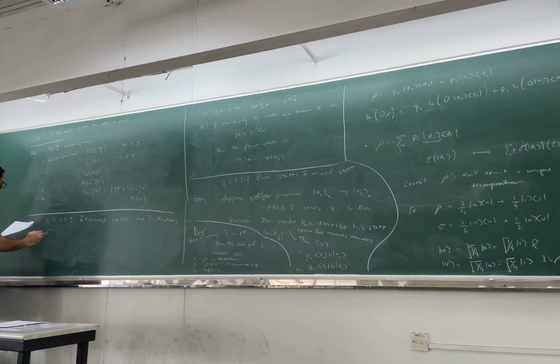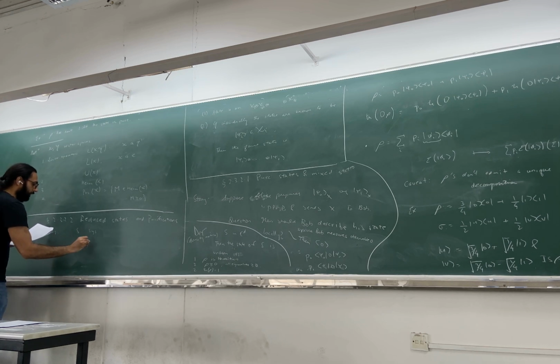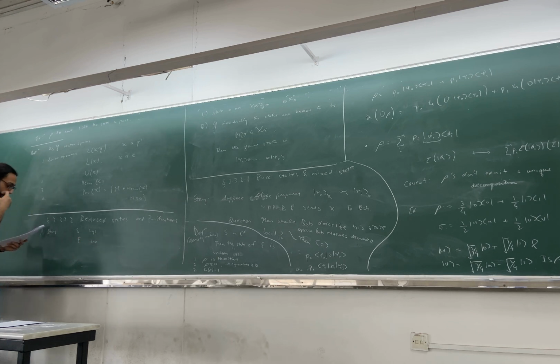So now the story is, suppose you have a system S, and this is your system. You have E, that's your environment. And suppose rho_SE was the initial state.